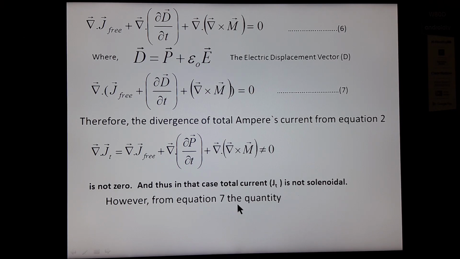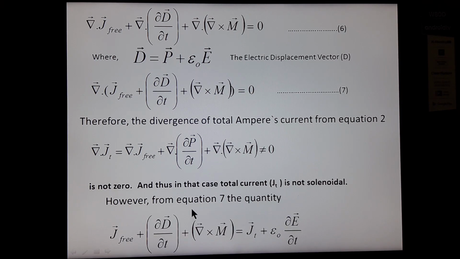However, from equation 7, this total current quantity in our present discussion, including the rate of change of displacement vector, which we may also write as the Ampere's current with an additional current component due to the variation of electric field in free space with time, is solenoidal, because the divergence of this total current equals 0.